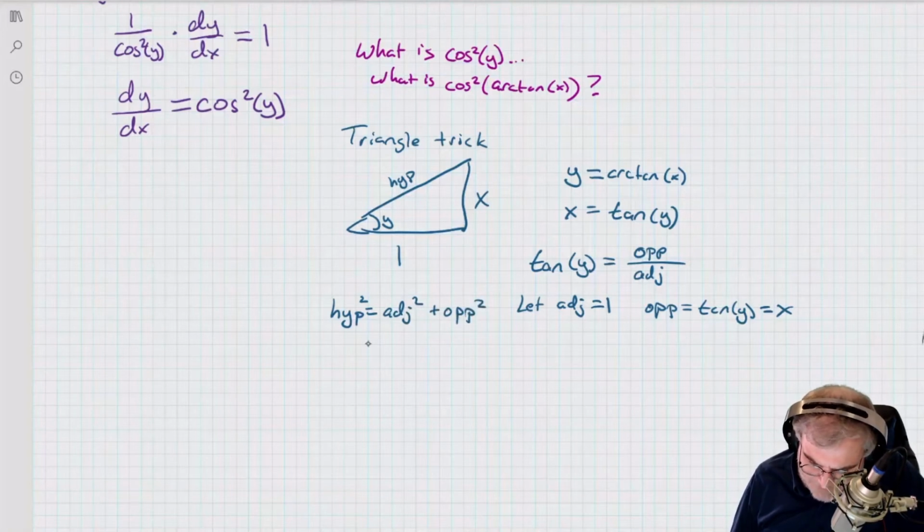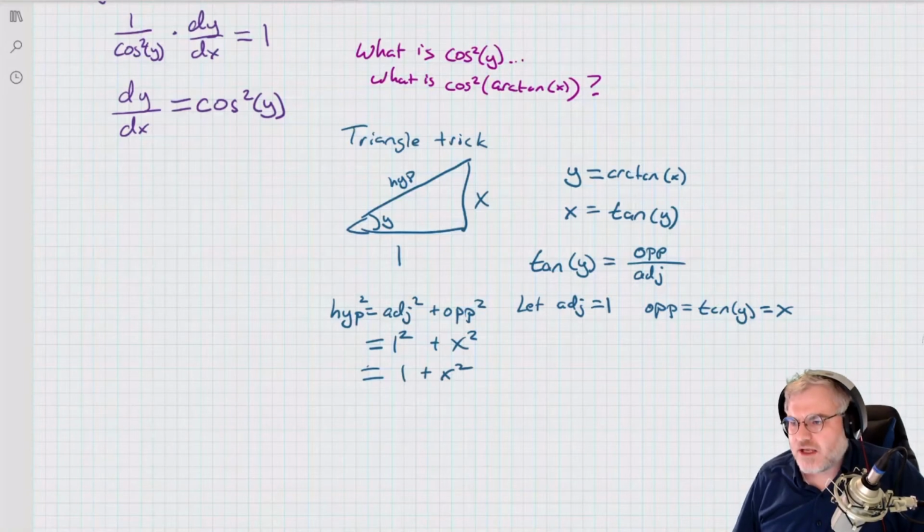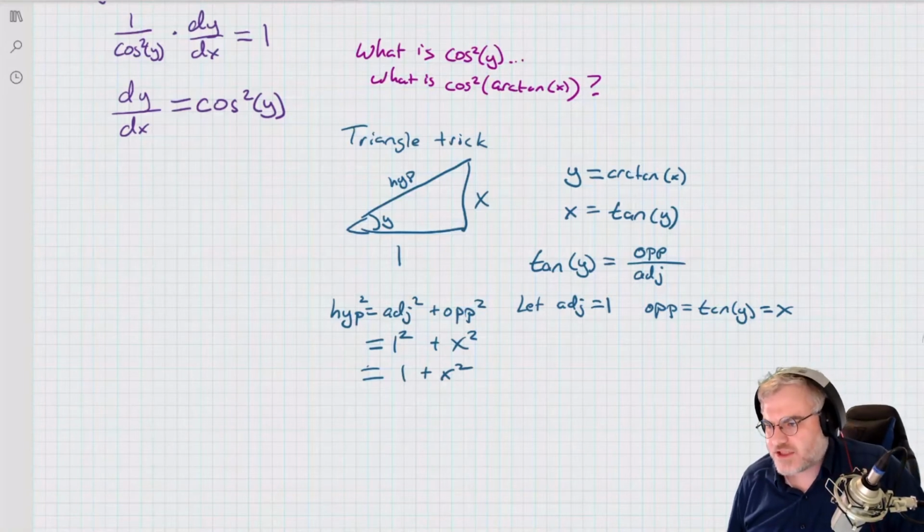A little Pythagorean theorem there. And the adjacent squared is 1 squared. Well, that's a nice little number. And the opposite was x. Which means the hypotenuse squared is 1 plus x squared.